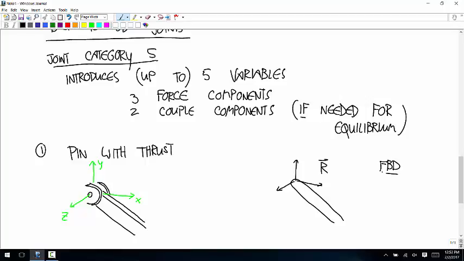And now for the couples, there's a couple about the x-axis, a couple about the y-axis, and no couple about the z-axis because that's where it's free to rotate. So I'm going to draw a couple component like that, one like that, and I'll call this Mx and My.